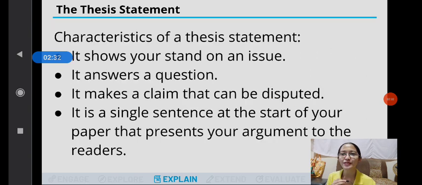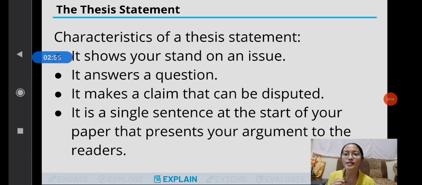Okay? Now, what are the characteristics of a thesis statement? It shows your stand on an issue, on what side you are on, if you are rejecting a certain topic or a certain stand, or you are approving it. Next, it answers a question.